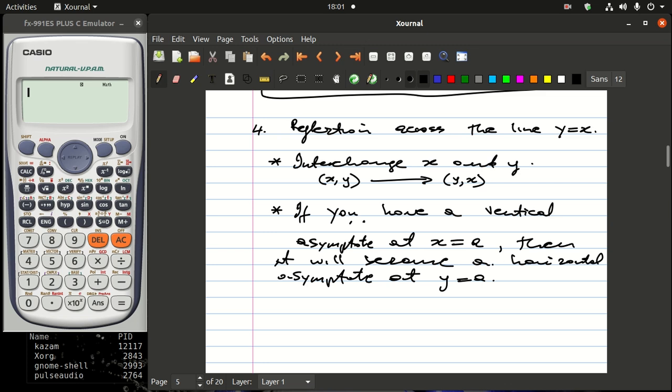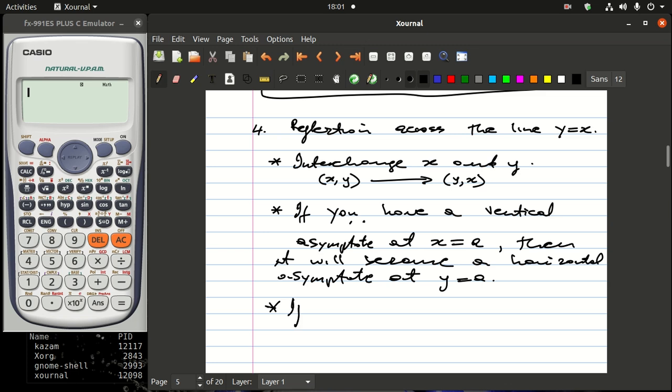So this will just interchange, and if you have a horizontal asymptote at y is equal to a, it will become a vertical asymptote at x is equal to a. So we're just switching or interchanging the asymptotes also.